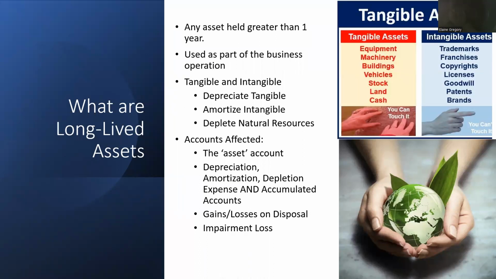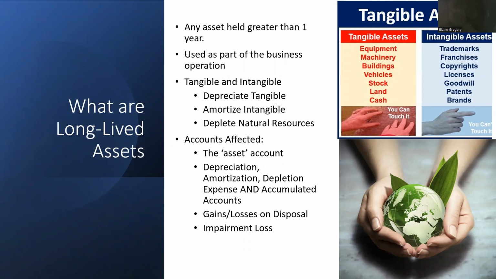Now, just from refreshing, long-lived assets are anything that is greater than 1 year and used as part of the business operations. And we have tangible and intangible. Tangible assets, you can touch. Intangible assets, you can't touch.